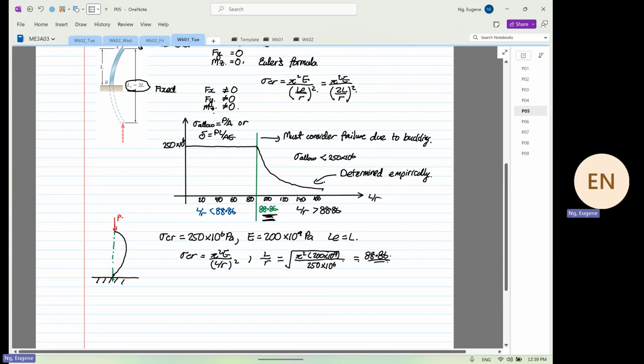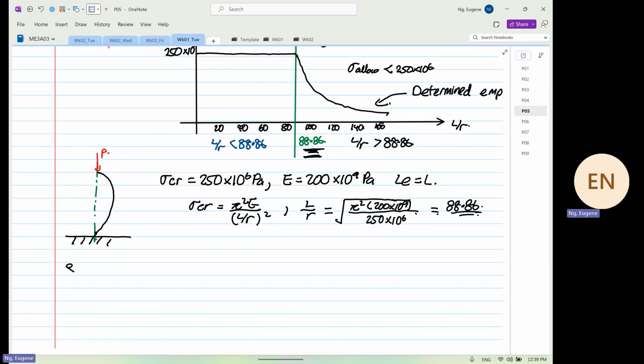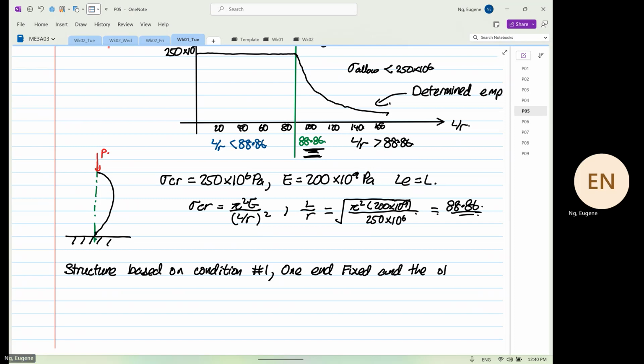Now, what if we have a structure based on condition number 1, where one end is fixed and the other free?